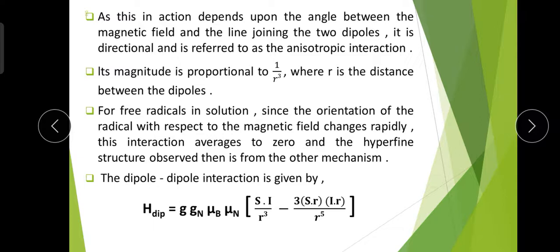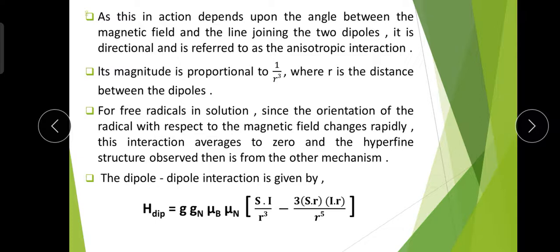This quantity is multiplied by the dot product of the electron spin with the nuclear spin, divided by r cube, where r is the distance between the dipoles, minus 3 times the dot product of the spin with the dipole distance vector, times the dot product of the nuclear spin with the dipole distance vector, divided by r raised to 5.